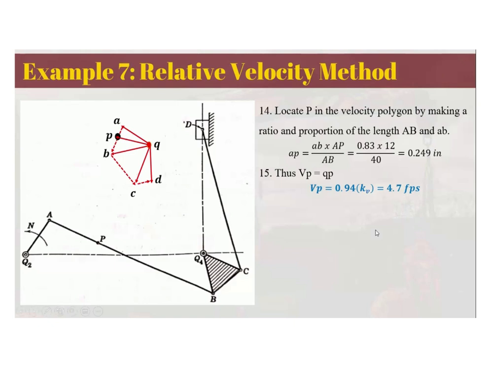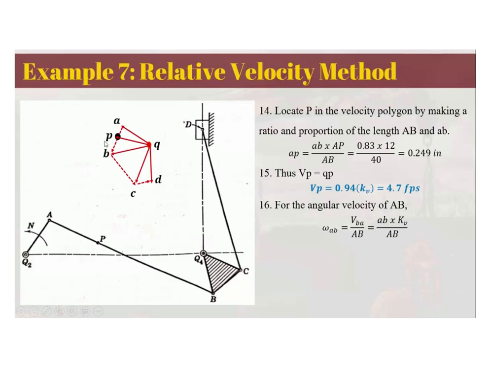The last one is the angular velocity of AB. For the angular velocity of AB, we can use again our formula: the velocity of B with respect to A divided by the length AB. Or you may use the velocity polygon.